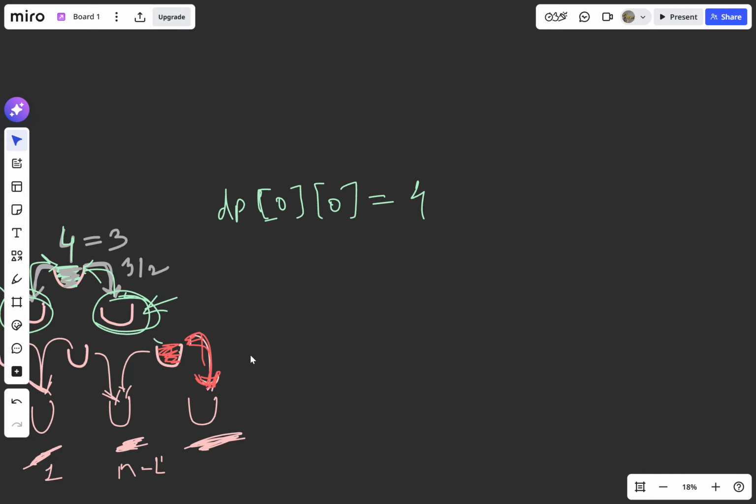Now we will make the conditions for dp of i and j. For the zeroth condition we have dp of i minus 1th and zeroth.